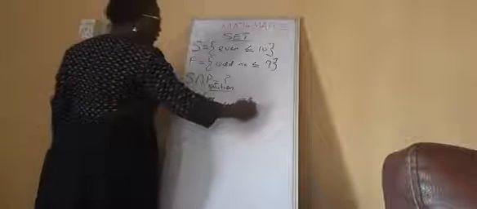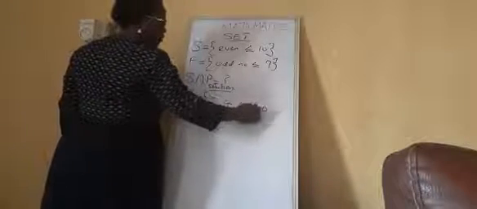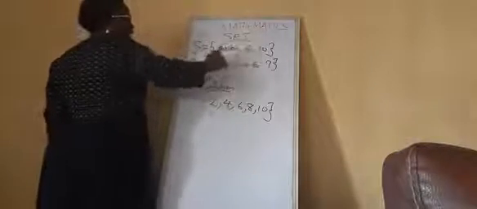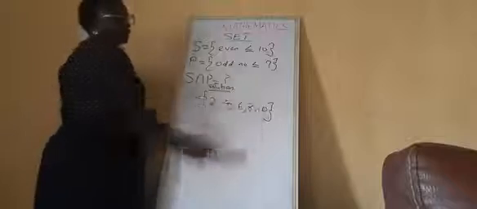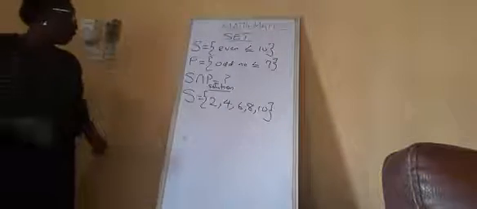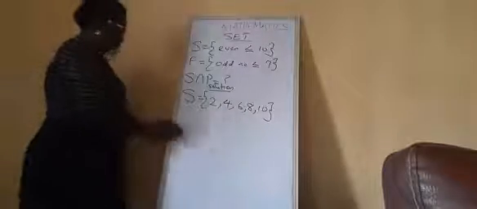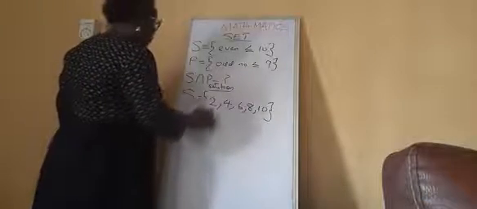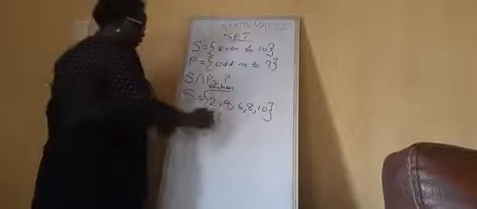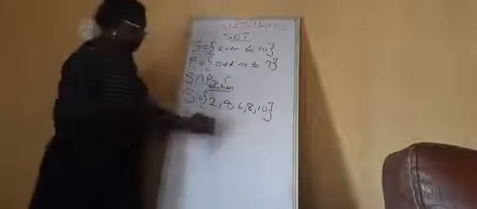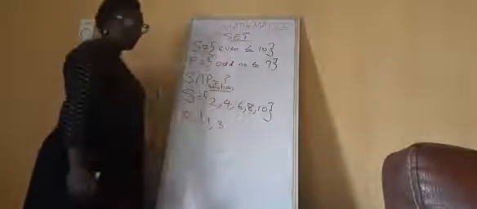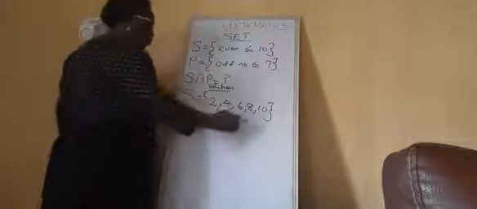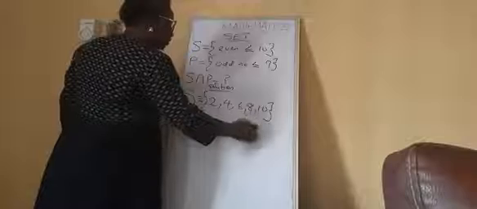So 8 and 10. Assuming that I remove this one, less than 10, I will only stop here. Then, what about the odd numbers now? Odd numbers start from 1, yes, 3, yes, 5, less than or equal to, yes, 7.